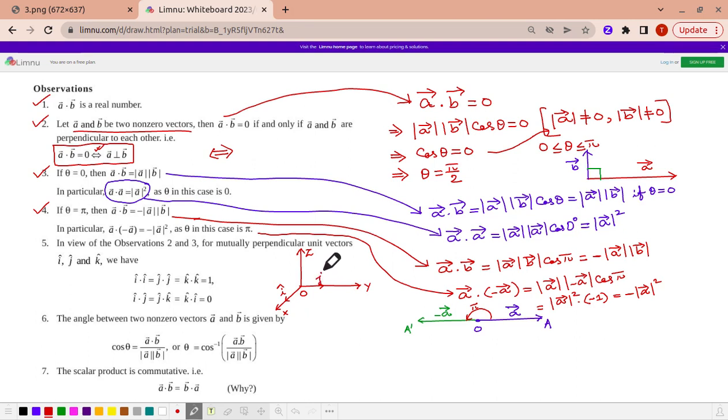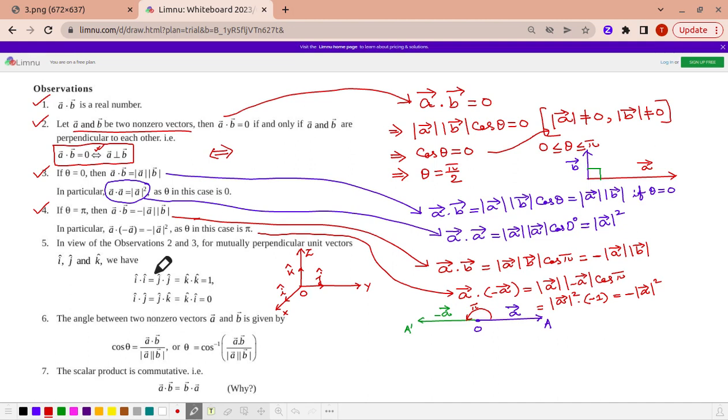The magnitude of the vector j cap or i cap is actually 1 because it is a unit vector, and this is k cap in the direction of the z-axis. So now i dot i will be what? Mod i into mod i into the angle between i cap and i cap, that is 0, right?